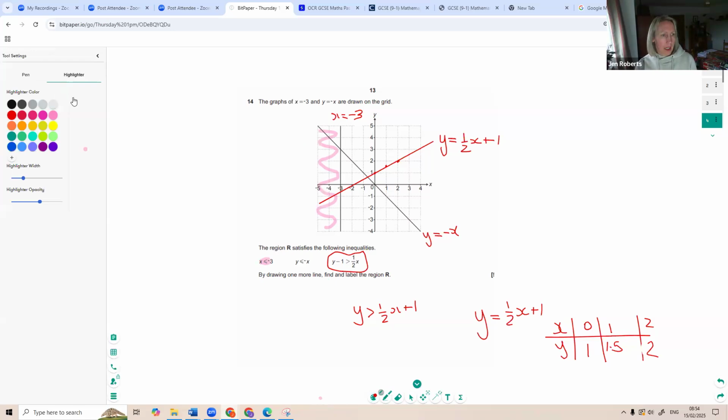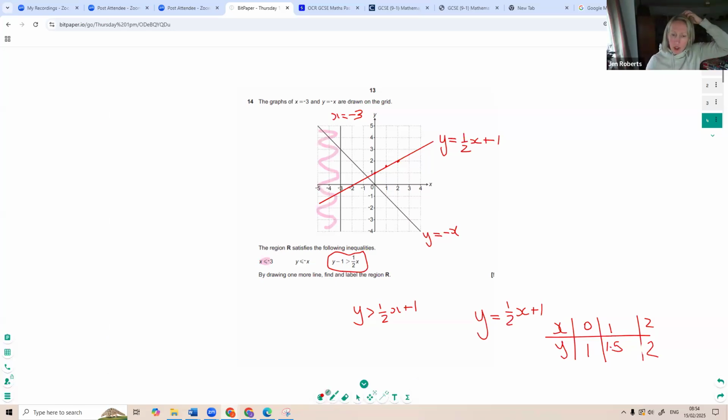Just another point here. Let me just check. This should have really been a dashed line here because it's bigger than. Yes, you do. Some exam boards, you don't lose any marks for not having a dashed line here. So this should be a broken up line. I'm going to have to draw it again, which is going to be kind of hard to do.